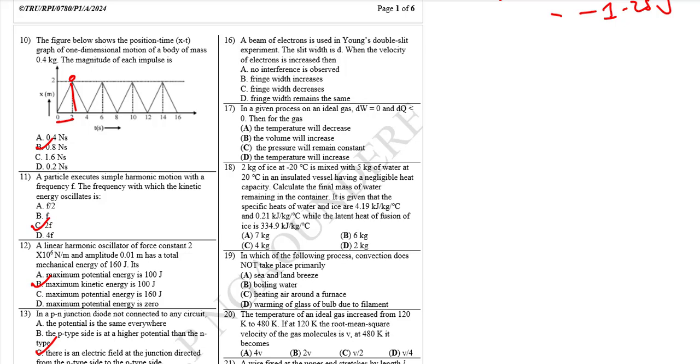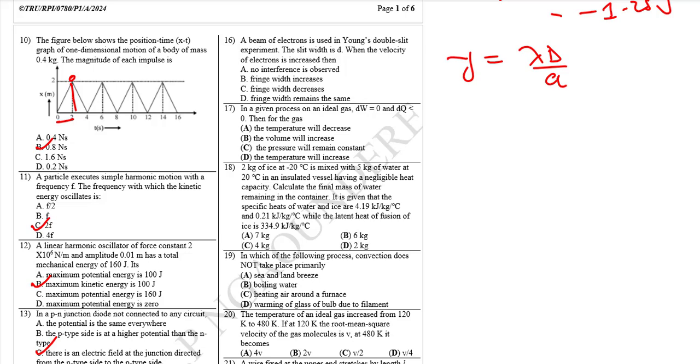When the velocity of the electrons is increased, then A, no interference is observed, B, the fringe width increases, C, the fringe width decreases, and D, the fringe width remains the same. Okay, so what are we doing? We are varying velocity. Now what do we know? The fringe separation is given by lambda D divided by d. D is the slit to screen distance. Lambda is the wavelength of our radiation.